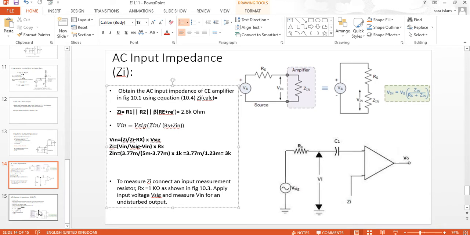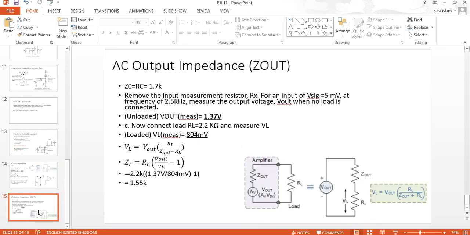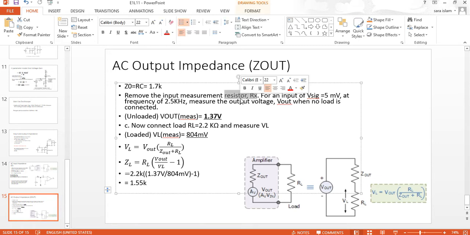Okay, let's come to the last part, which is output impedance. And output impedance by our theory is equal to 1.7 kilo ohms. So what we are going to do is, first of all, remove this RX resistor that you added in the previous part, and make our signal 5 millivolts again with a frequency of 2.5 kilohertz.